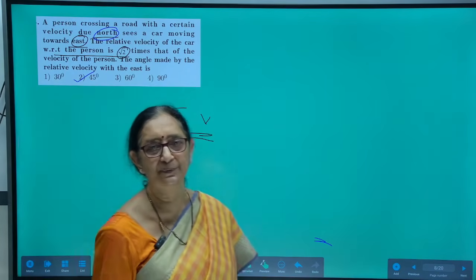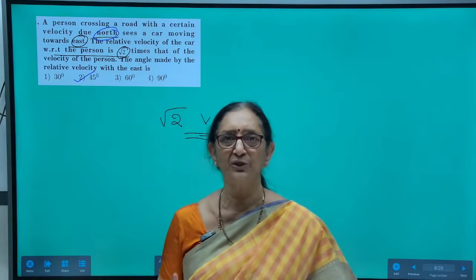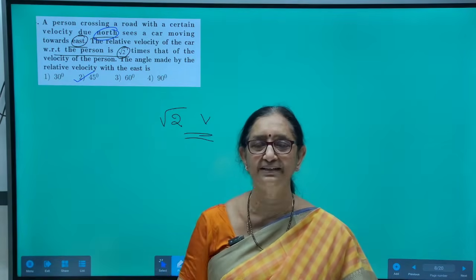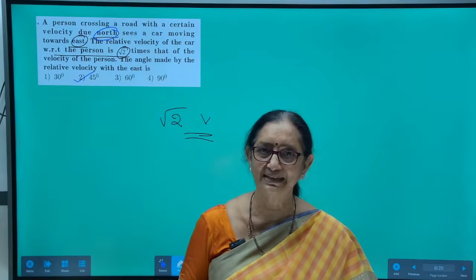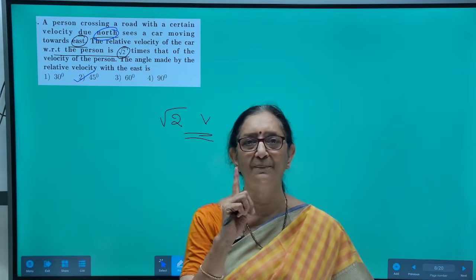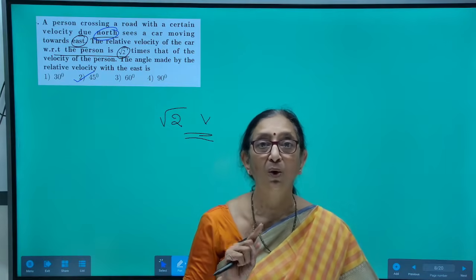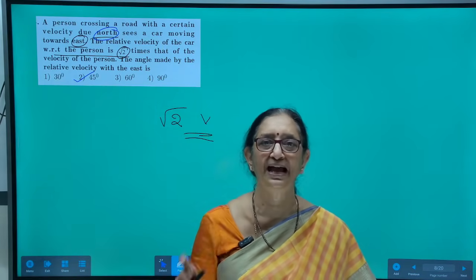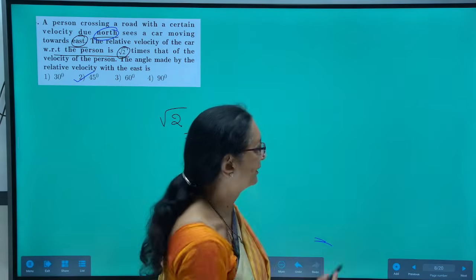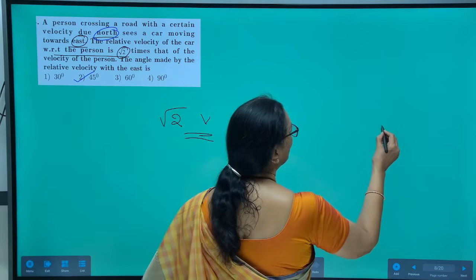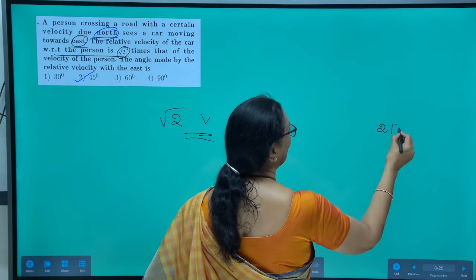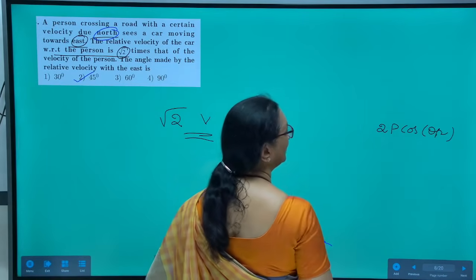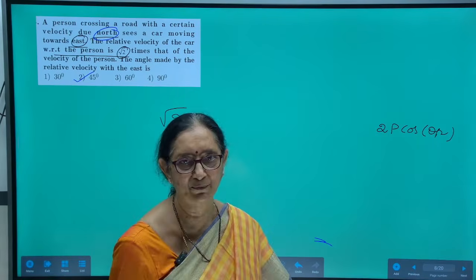This is possible when the magnitude of the resultant or difference of two vectors is root 2 times the magnitude of one of them only when they have the same magnitudes and the angle between them is 90, because we have learned this: when two equal vectors are at an angle theta, resultant is equal to 2P cos theta by 2.